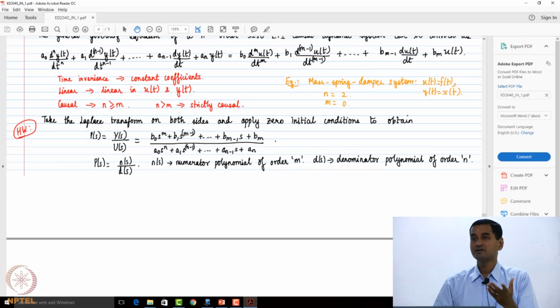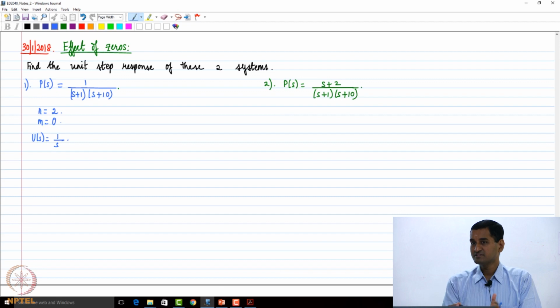That is the general governing ordinary differential equation for the class of systems that we are considering in this course, right? So if you take the Laplace transform and substitute 0 initial conditions, you can immediately observe that the denominator polynomial is going to be an nth order polynomial, right? And the numerator polynomial is an mth order polynomial. So assuming that none of the factors are common between the numerator and the denominator, we could essentially look at the plant transfer function itself and interpret the order of the system, okay? So that's how we write down the values of n and m, okay?